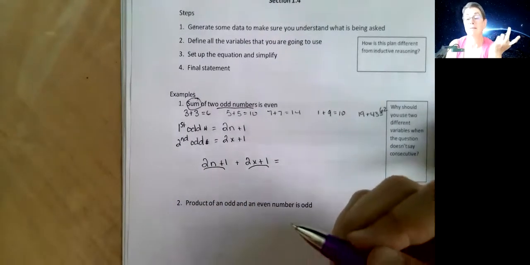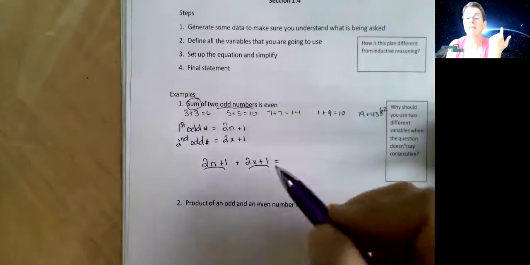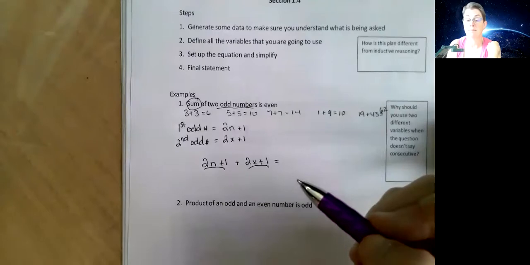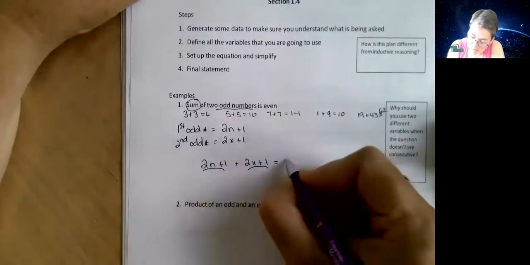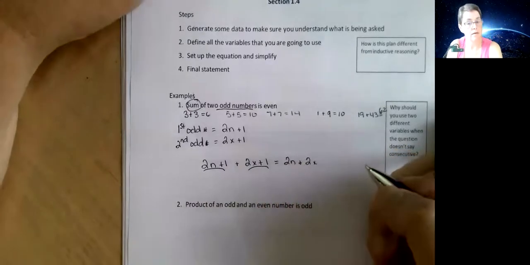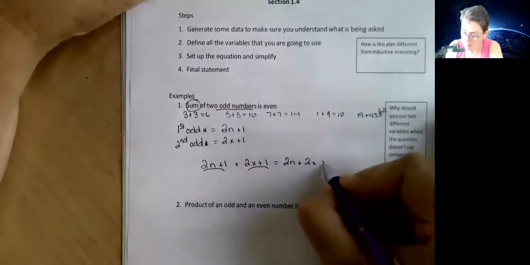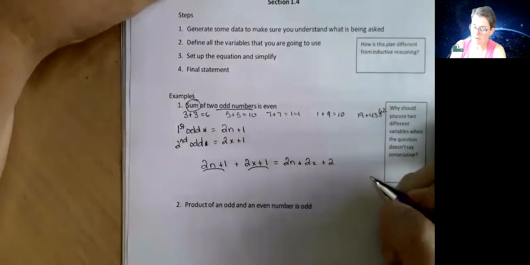Okay, I'll be honest, this is the reshoot of the video. The first time I put them in brackets, and then I realized the next step is I took them out of brackets. So here's my first one, here's my second one. And we're going to get 2n plus 2x. You knew that, right? You didn't end up with 4nx now, did you? No, of course not. Plus 2. Okay, we can't put anything else together.